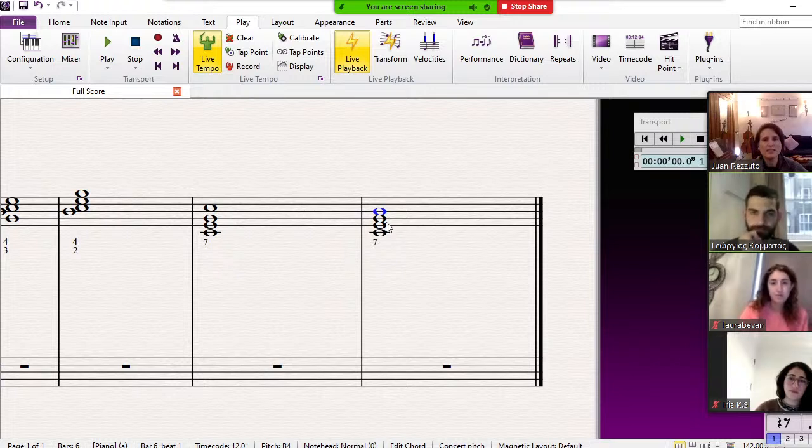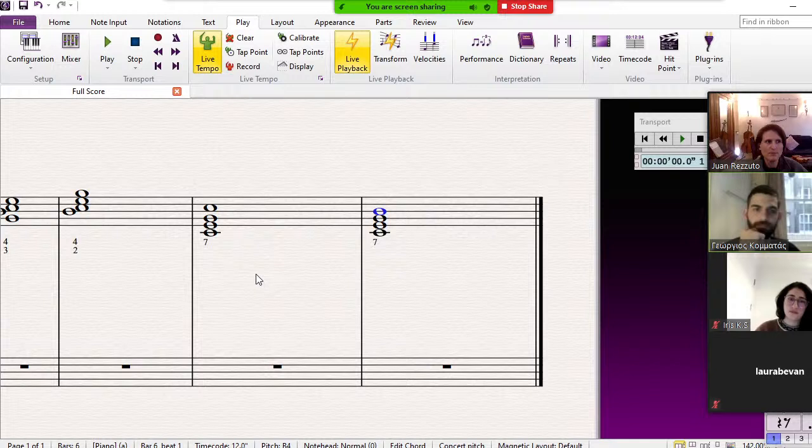The seventh is always on the strong metric position.